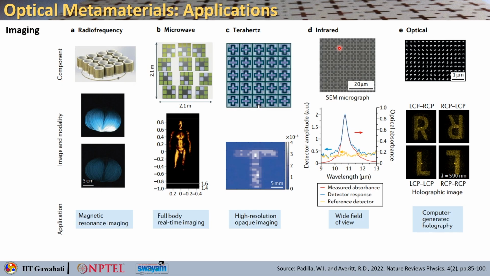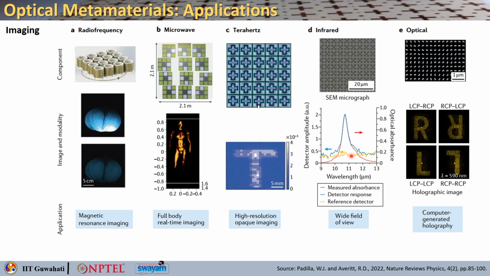The fourth column here shows a metamaterial enhanced pyroelectric infrared detector. The upper panel is basically a scanning electron microscope image of a portion of the detector. Here you can see the bar, which is representing 20 micron. This is an absorber that comprises a ground plane, lithium niobate and a metasurface layer.